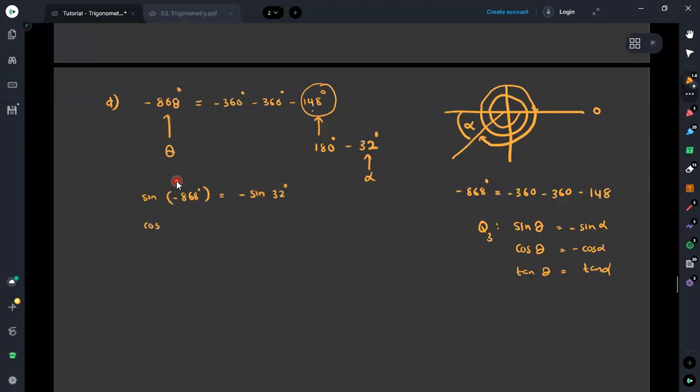Then cosine of minus 868 can be taken as minus cosine 32 degrees. In a similar manner, tangent of minus 868 can be taken as tangent 32. Therefore, these are the values for sine, cosine, and tangent of minus 868 along with the associate acute angle.